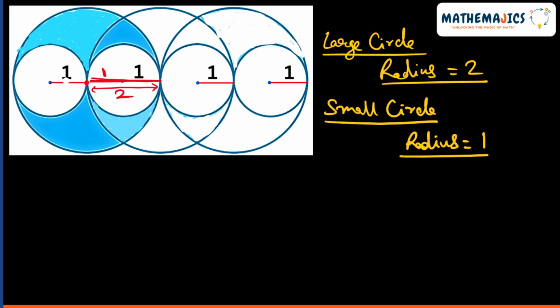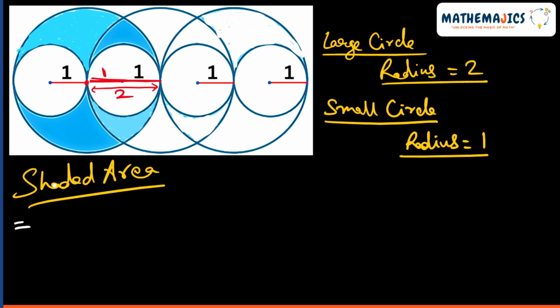We need to find the shaded area, correct? So it becomes very easy to find this shaded area now. Let's find this shaded area. So the area of the shaded region will be the area of one large circle, that is pi r squared. The radius for the large circle is 2, squared, minus 2 small circle areas, that is 2 times pi r squared. The radius for the small circle is 1.